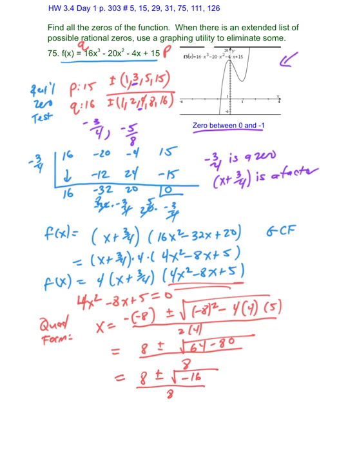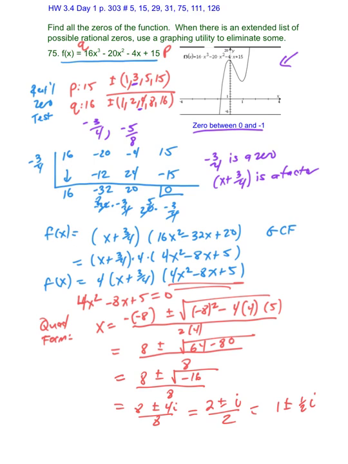And the square root of negative 16 is 4i. So this is equal to 8 plus or minus 4i over 8. We can divide out a 4 from all of the terms, and that will leave us with 2 plus or minus i over 2. And then we can rewrite that as 1 plus or minus 1/2 i.